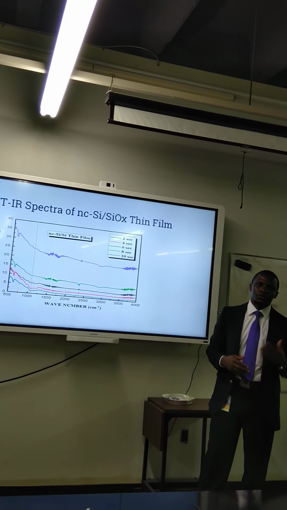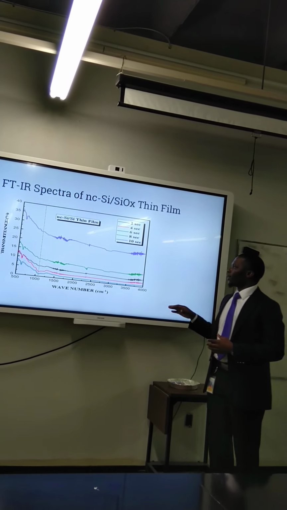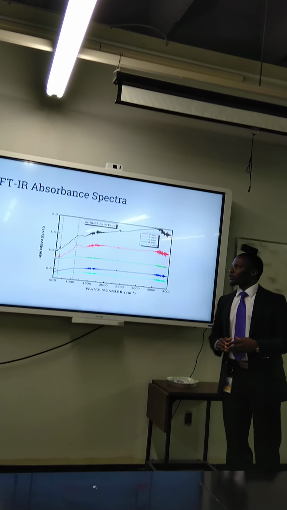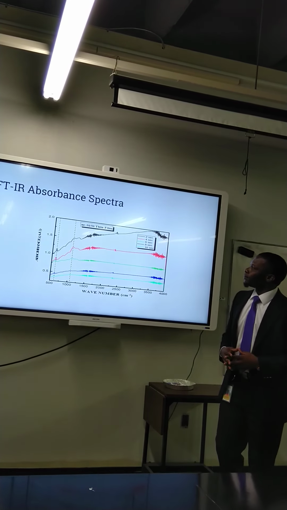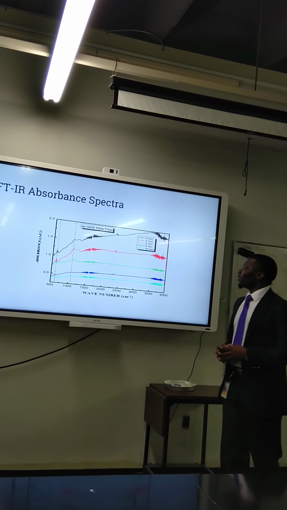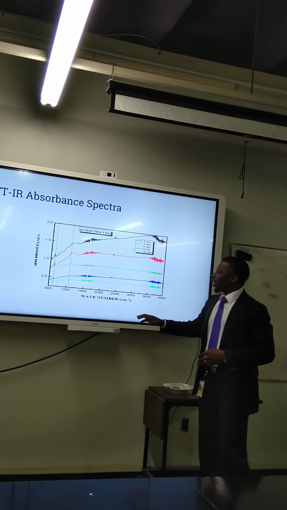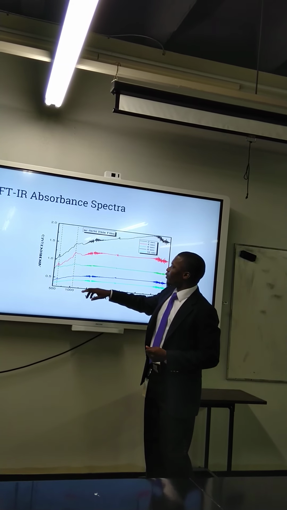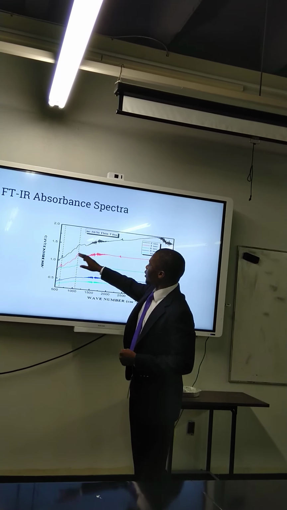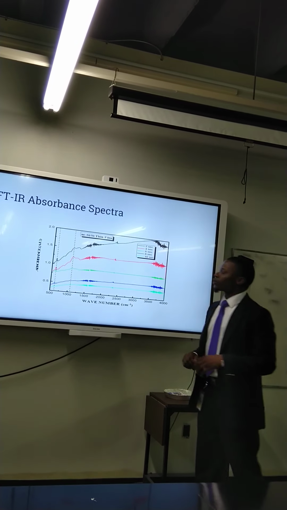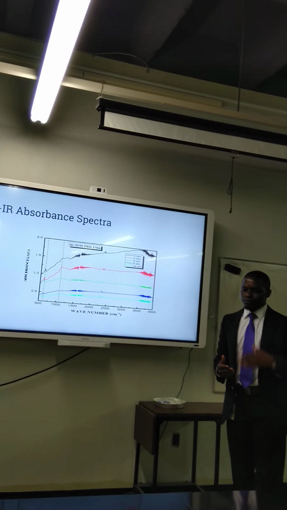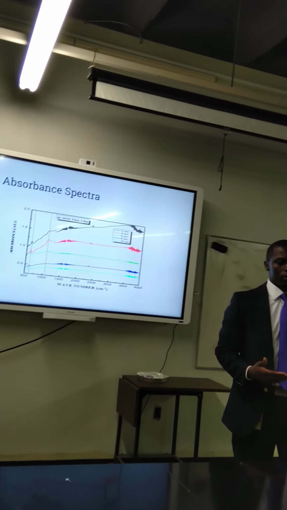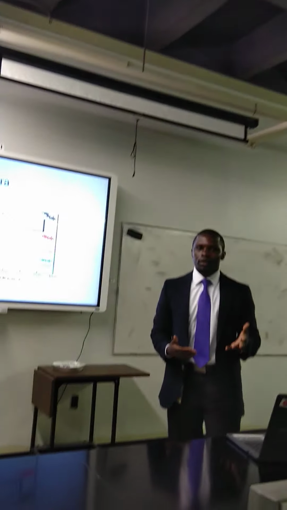Which would lead us to the next result, the FTIR result about absorbance. In this case, you can see how the thin film is being made, and also how the composition of oxygen changes.